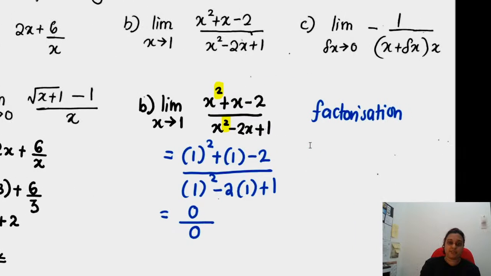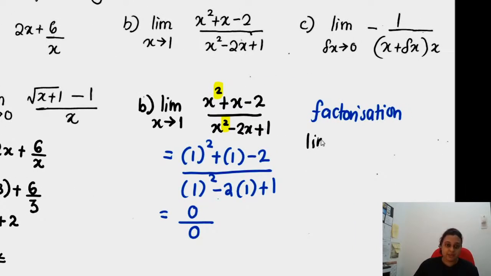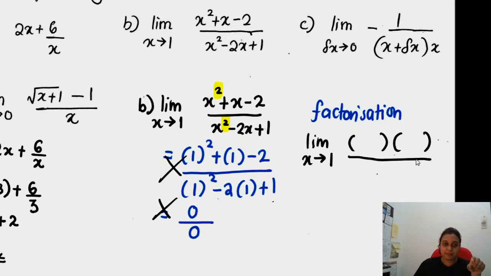Now let's do the factorizing. Look at the equation: limit x approaching 1. So this substitution is not applicable already; this is not your step anymore. Let's factorize the top one. You can use your calculator to find the values. I hope you know how to use your calculator for factorizing a quadratic equation.